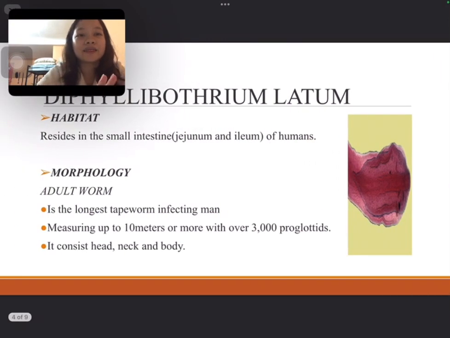The morphology has three stages, which are the adult worm, eggs, and larvae. The adult worm is the longest tapeworm infecting men, measuring up to 10 meters or more with over 3,000 proglottids. It consists of a head, neck, and body.